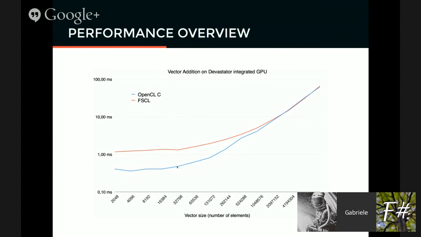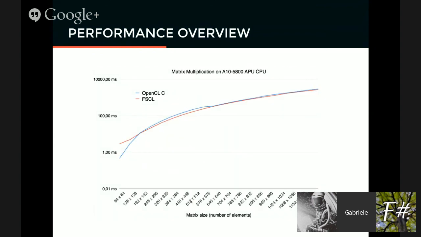In fact, here you can see that for vector addition, the difference in completion time between the OpenCL C version and the FSCL C version is really small. At the beginning it's about 0.1 milliseconds, so really small, and at a certain point they converge to each other, so they have the same execution time if you execute it on .NET F# or in C. And the same for matrix multiplication.